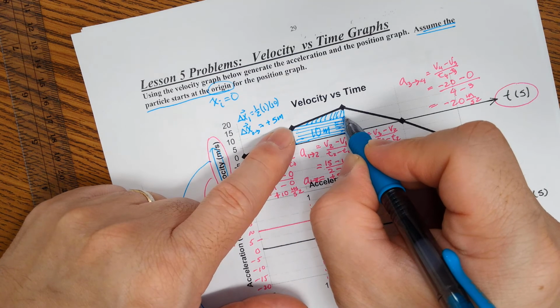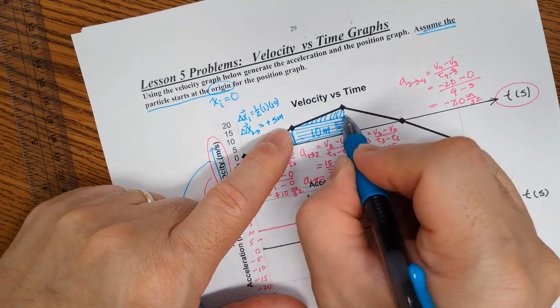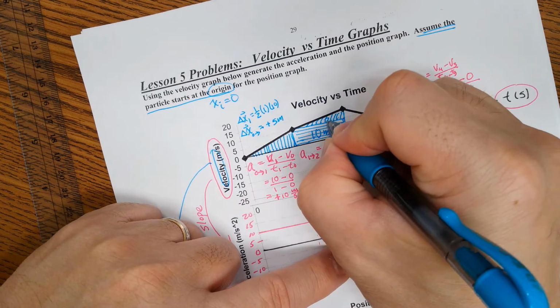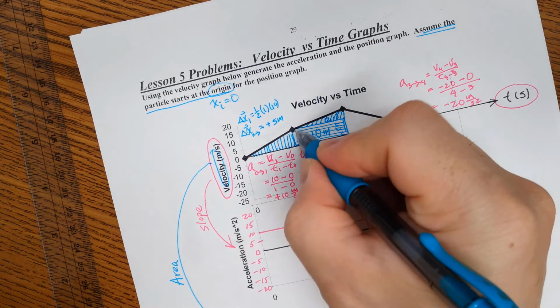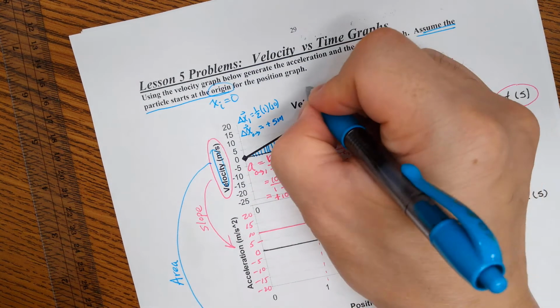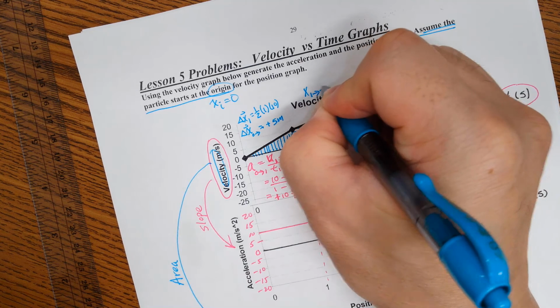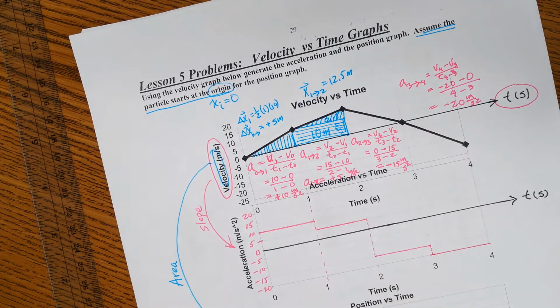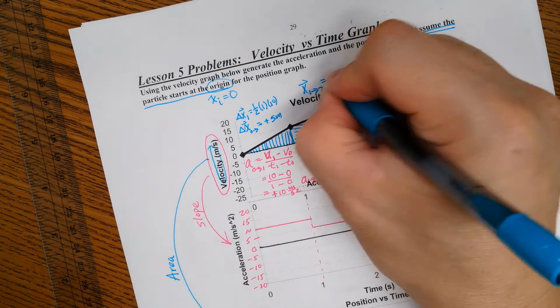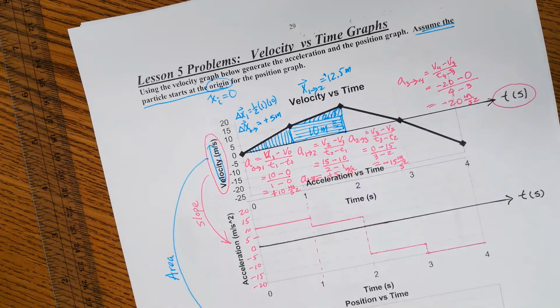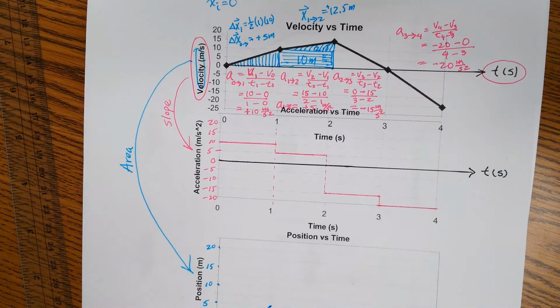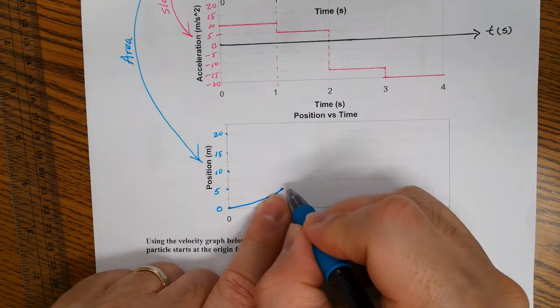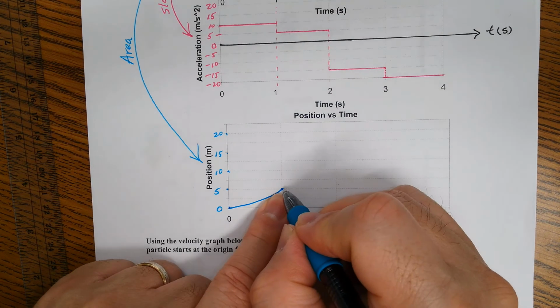Half of that is 2.5 times 1 is 2.5. So the total area, x1 to 2, is equal to 12.5 meters. Can everybody see that? It's positive 12.5. So from 5, I'm going to go 12.5.